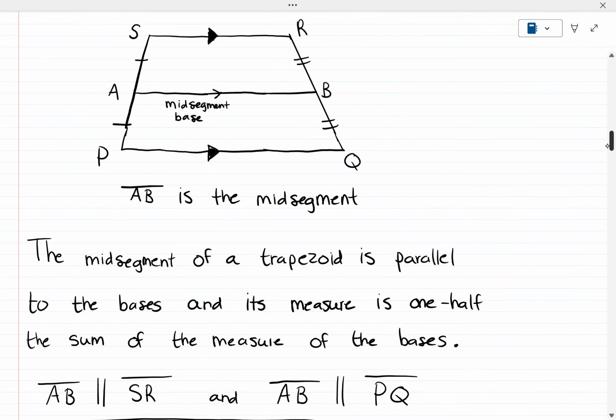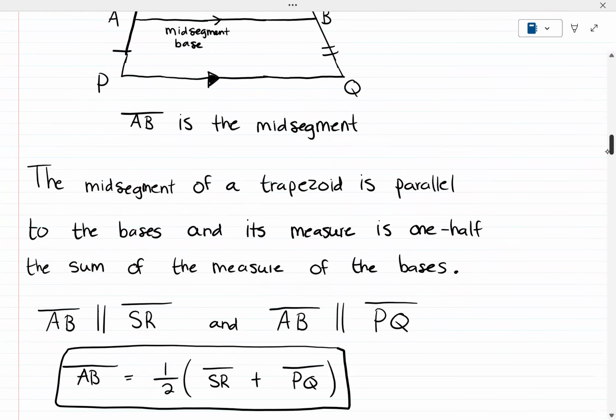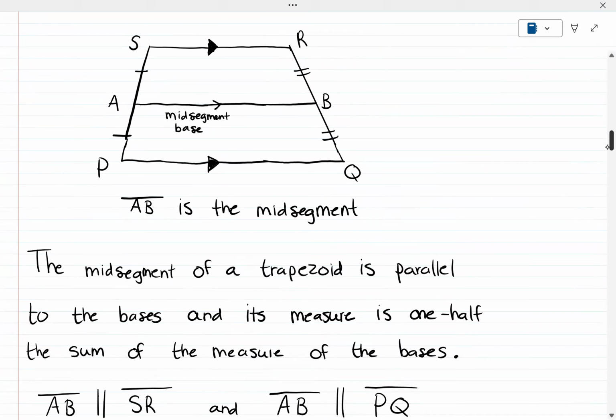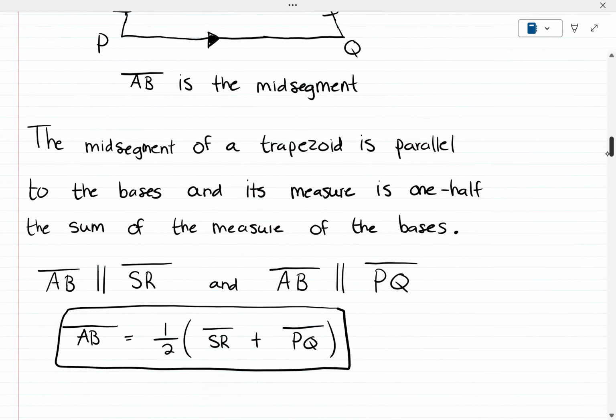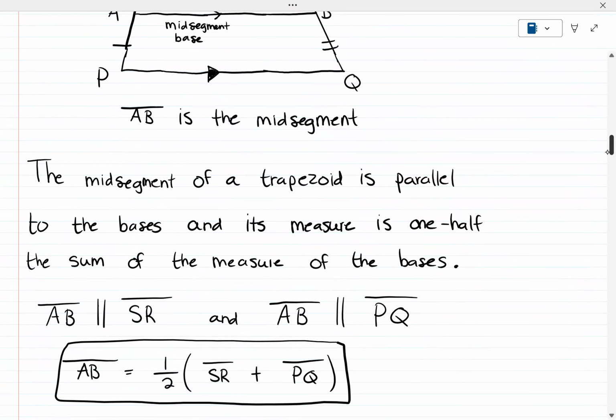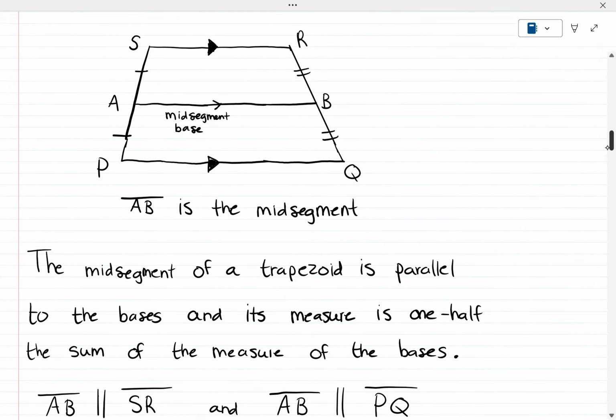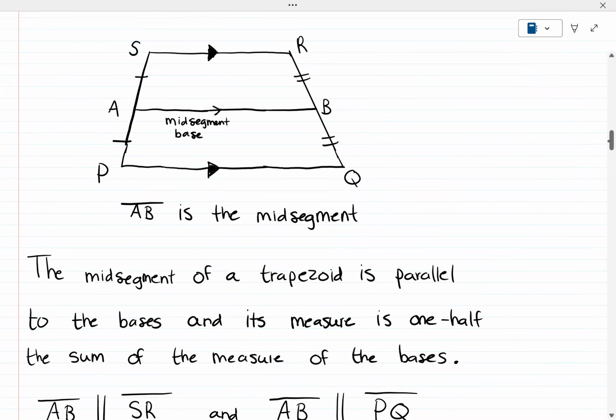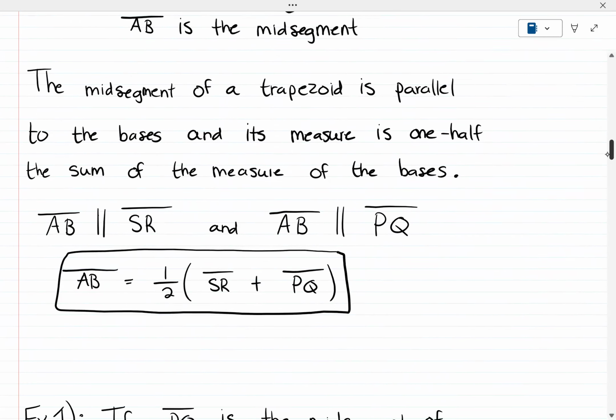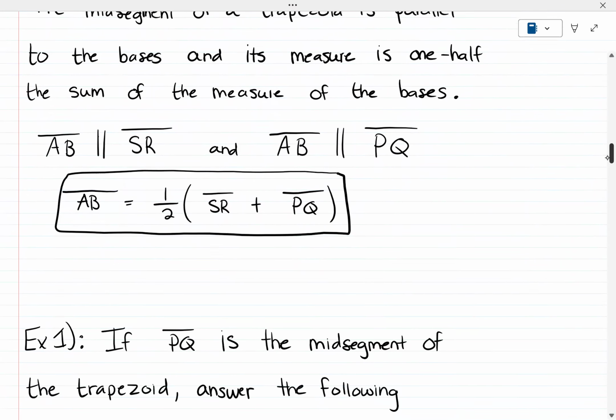Base one is line segment SR, and the other base is line segment PQ. You add them up and then take half of it, and you get the mid-segment. So you find this length by adding this length plus this length, and then dividing by 2. We're going to need that when we do our example.